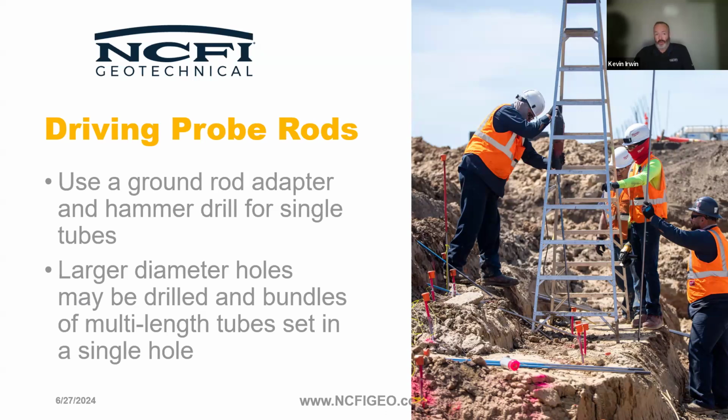The tubes can be pulled, but the tips are gone. If I lose a tube, if it fills up with foam before I'm finished injecting at that level, I need to have another tube ready to go to inject that same point at that same level. So you might drill larger diameter holes, bundle the tubes together, and set them down all at once.